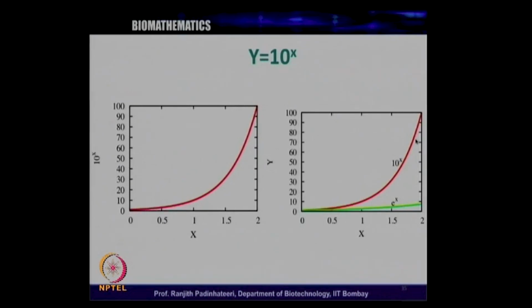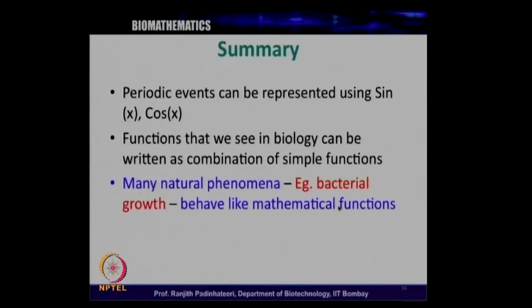To summarize today's lecture, we learned many more functions. We learned periodic functions like sin x and cos x, and we said that periodic events can be represented using sin x and cos x, and functions that we see in biology can be written as a combination of simple functions.